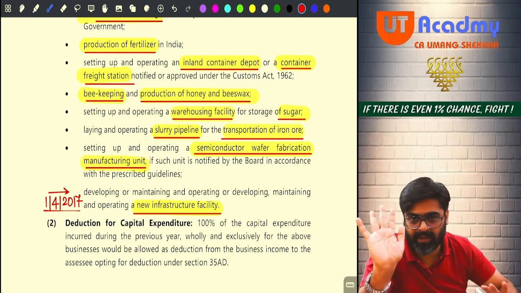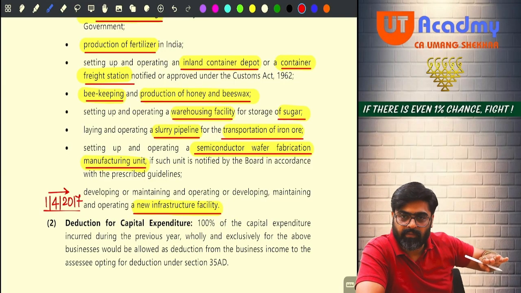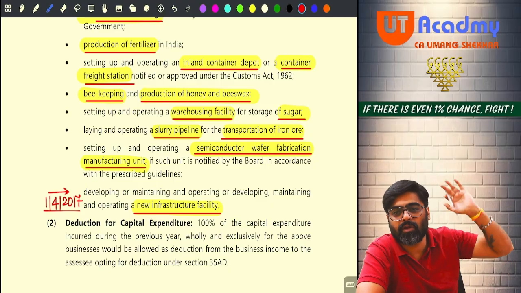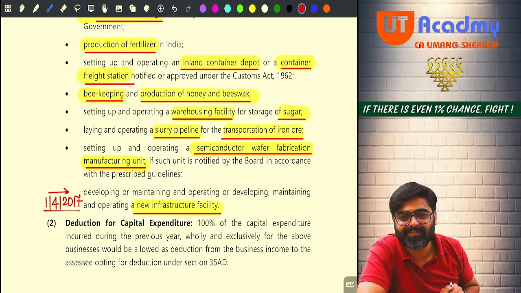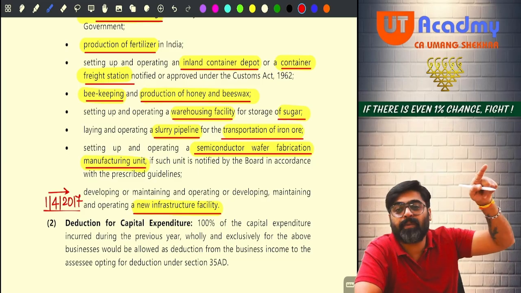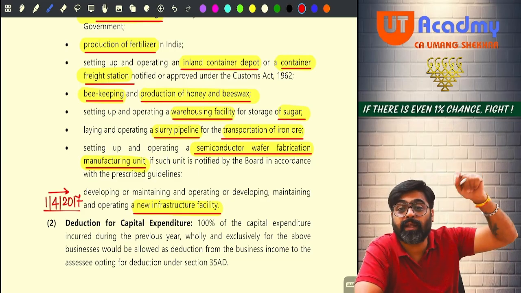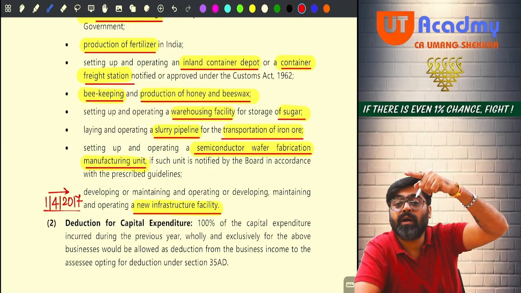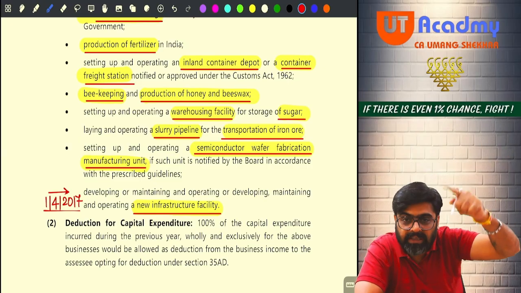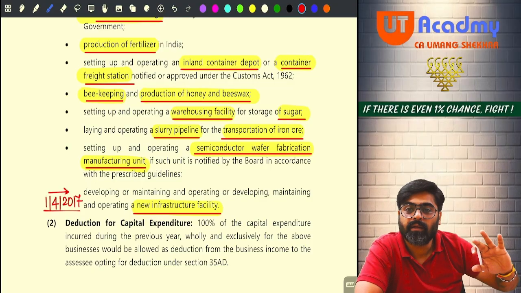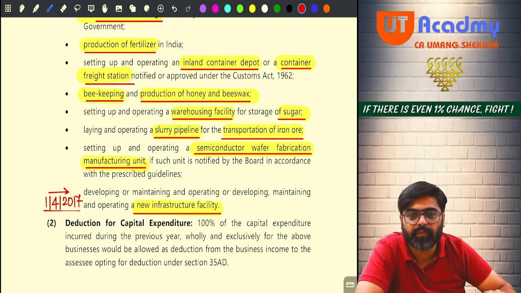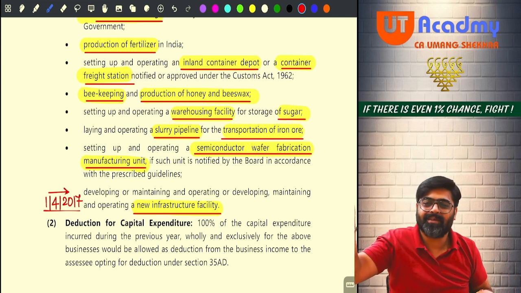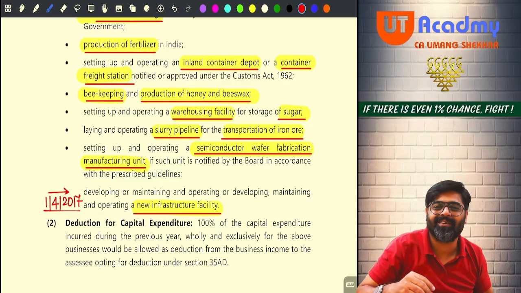So if in 24-25 you have commenced operations of a hotel of 2-star or above category, and for hotels the date specified was 1st April 2010, then on or after 1st April 2010, if the operations of this type of hotel are commenced, the benefit of 35AD will be available. So when are you commencing the operations? 24-25, which is on or after 1st April 2010 only, no? Hello, sir.